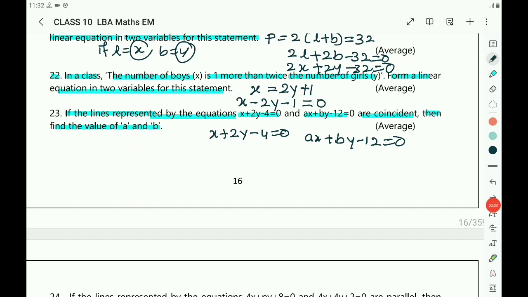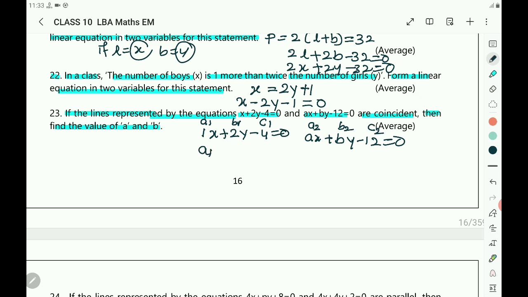So the first equation is x plus 2y minus 4 equals 0. x means 1x, so it is a1. 2y is there, b1 is 2 and c1 is minus 4. Here a is a2, b is b2 and minus 12 is c2.